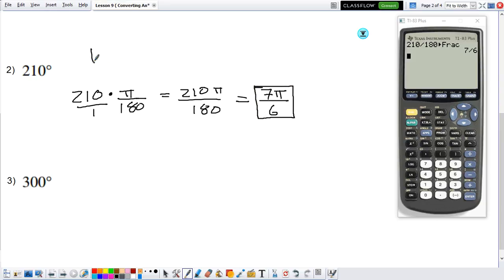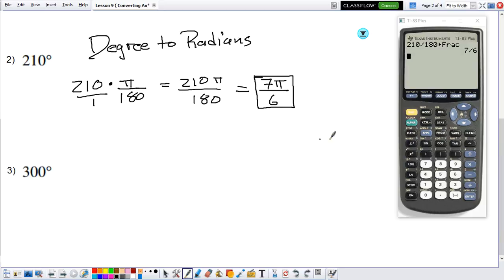Again, all we're doing here is going from degrees to radians, and to make that conversion, you just need to take your degree and multiply it by pi over 180.